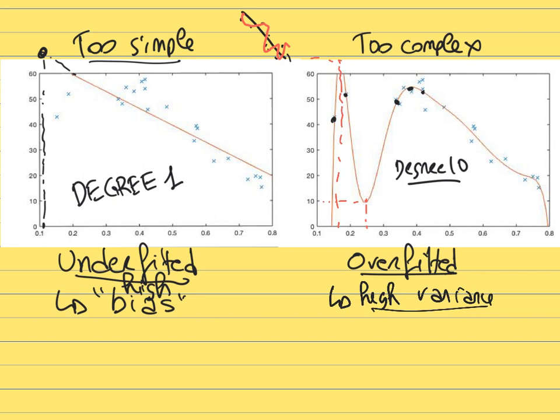So you have the high bias model, which we want to avoid because those models are too simple. And then we have the high variance model, which again we want to avoid because those models are too complex. In both cases, when you have a model that is either too simple or too complex, this is going to be harmful for the ability of the model to make realistic predictions.